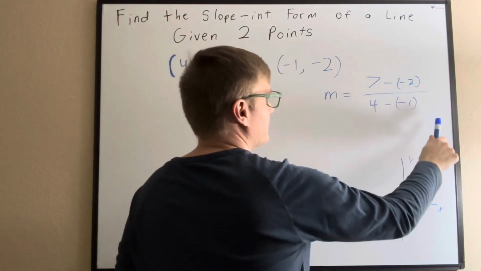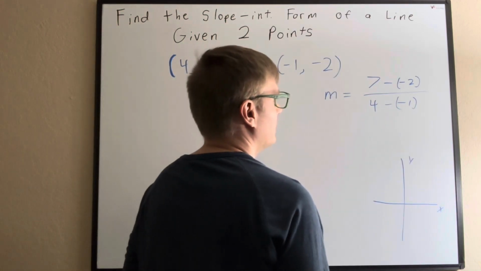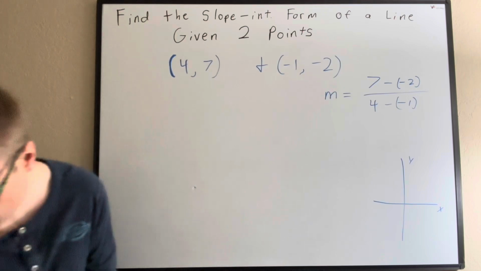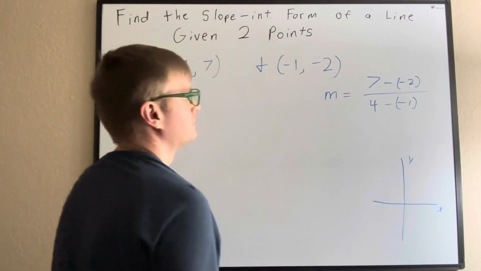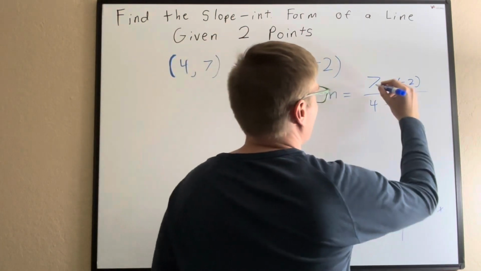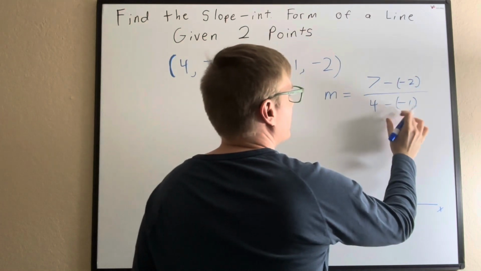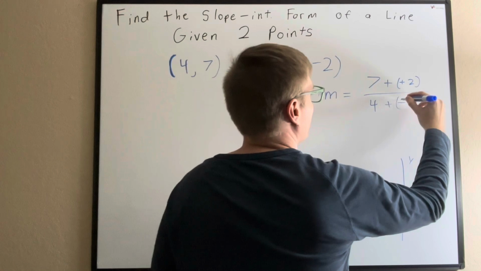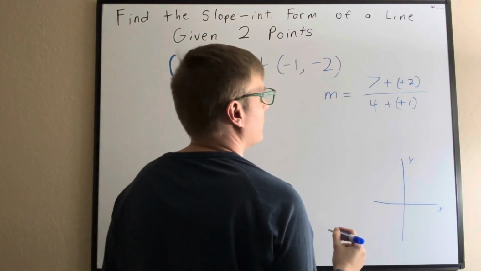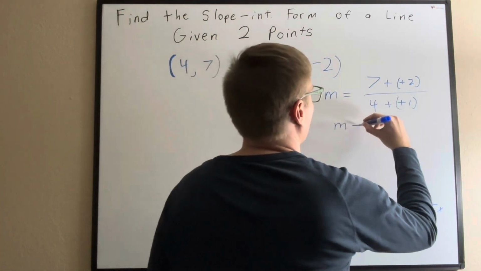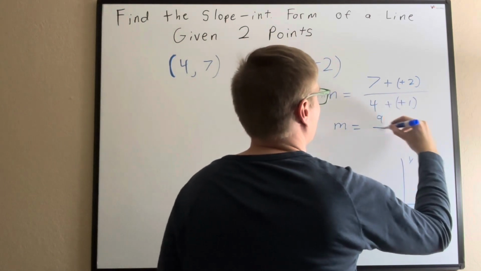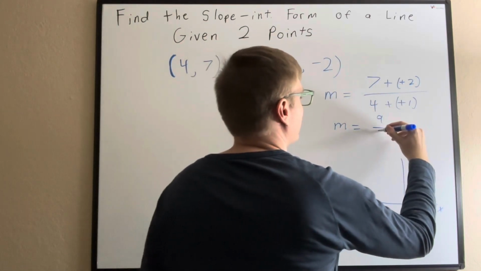But now we actually subtract that out. So we have double negatives, right? So 7 plus 2 is 9, and 4 plus 1 is 5.